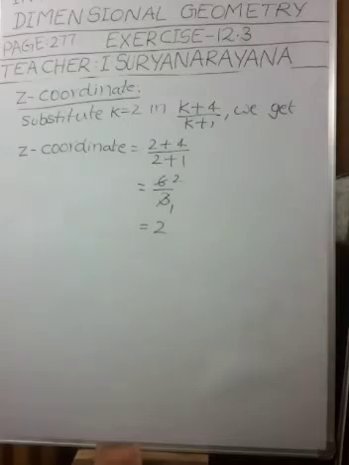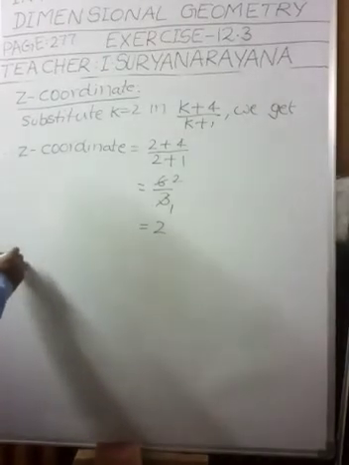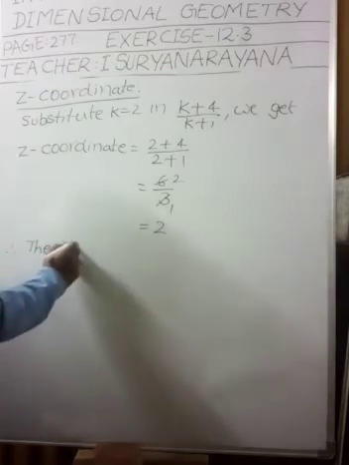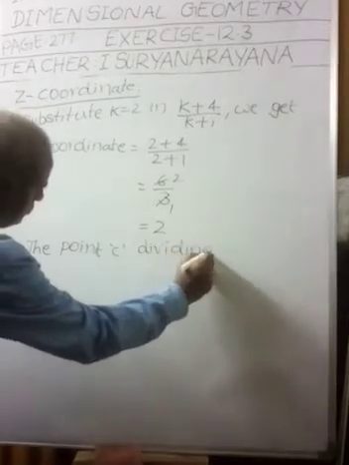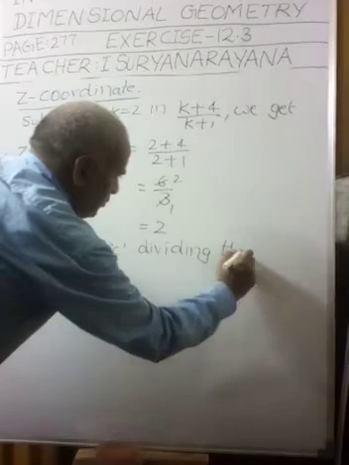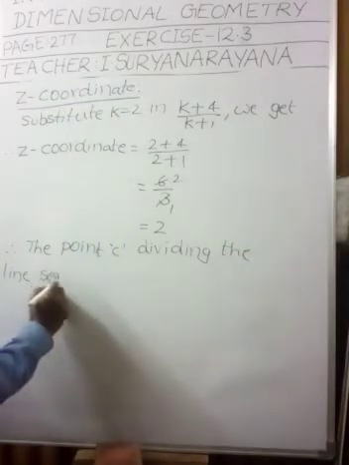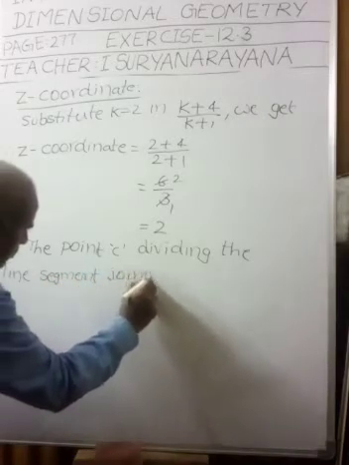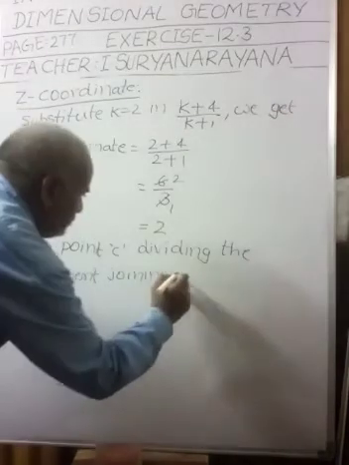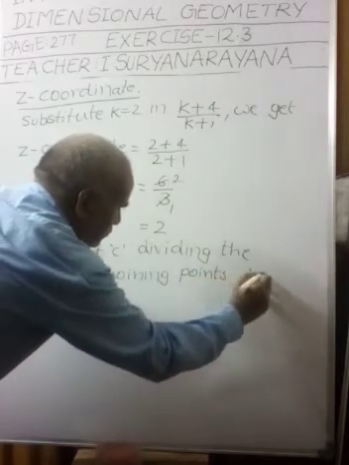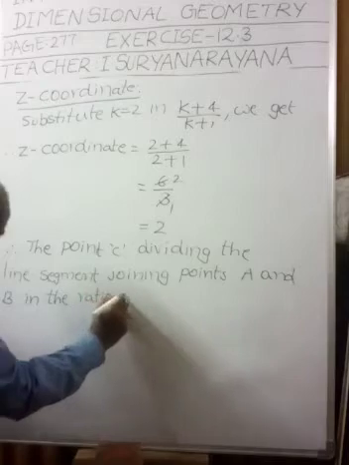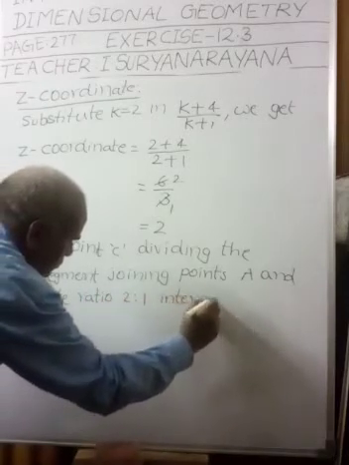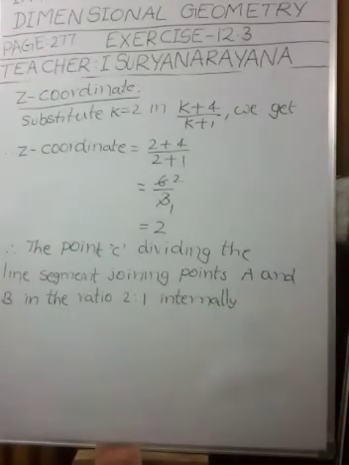Therefore, the point C is dividing the line segment joining the points A and B in the ratio 2 is to 1 internally.